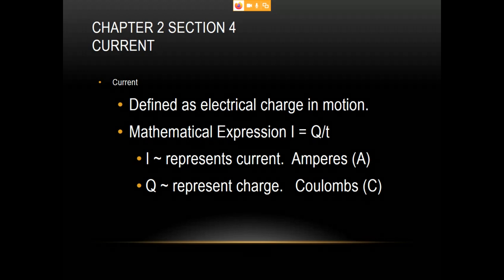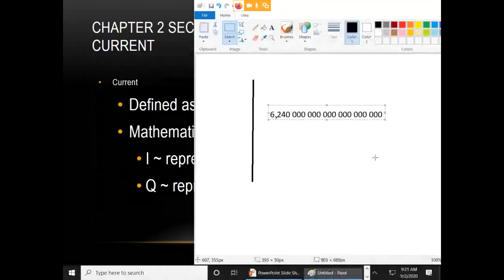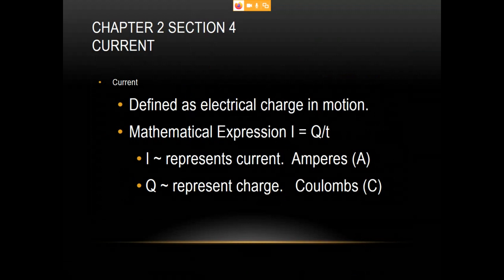That is the definition of 1 ampere of current. A lot of times I abbreviate and say amp, but technically the correct unit is ampere. We use a capital A to represent the unit ampere, and a capital C represents the unit coulomb.